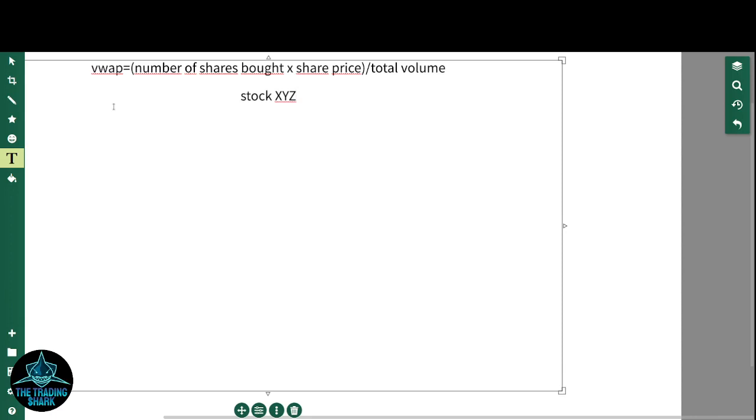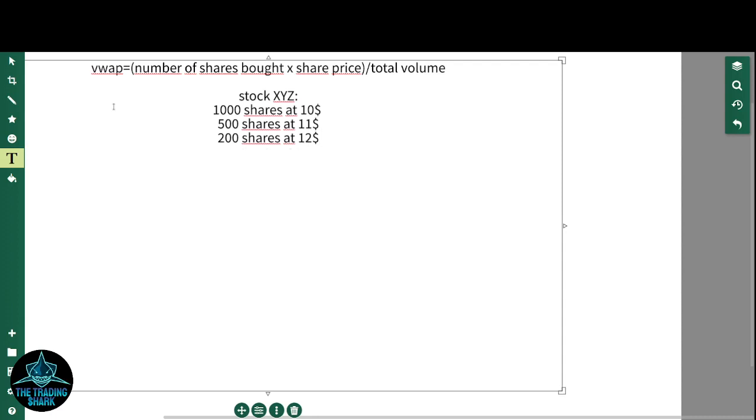So for example, let's imagine we have 1,000 shares at $10 and 500 shares at $11, and finally 200 shares at $12.